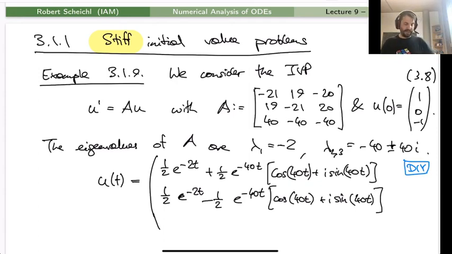And finally, the last component is simply minus e to the minus 40t times cosine of 40t minus i sine of 40t.